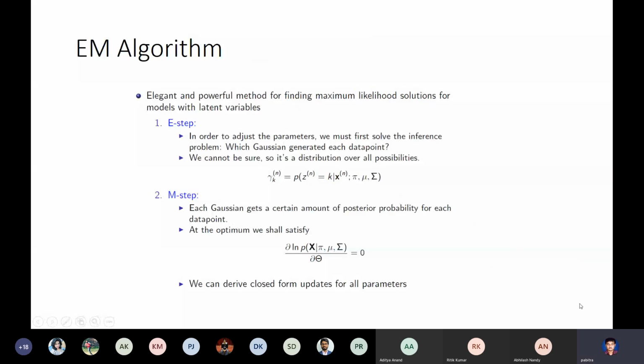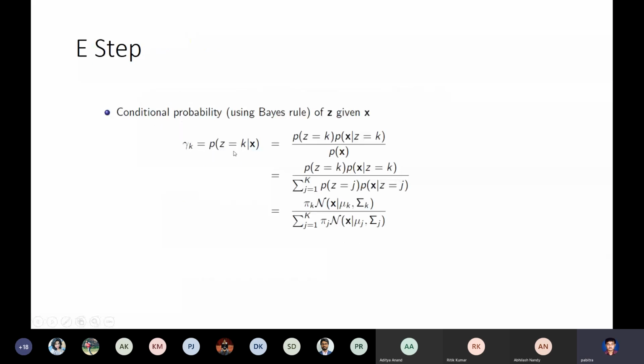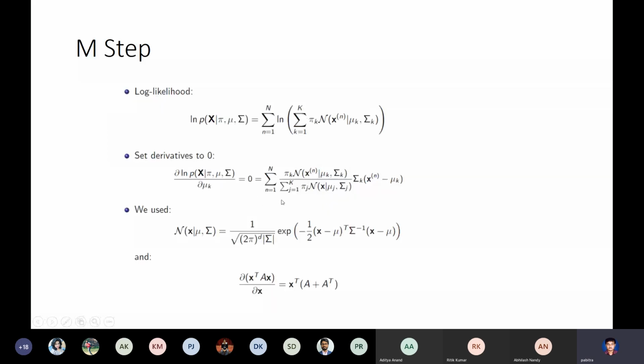These steps have been worked out, so this you can do. This is the z vector that I talked about, lambda k, z equal to k given x. Assuming mu, sigma, and pi, this is the expression. Again, this is setting the log likelihood derivative to 0.